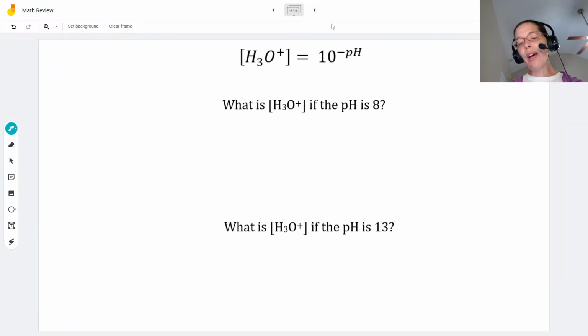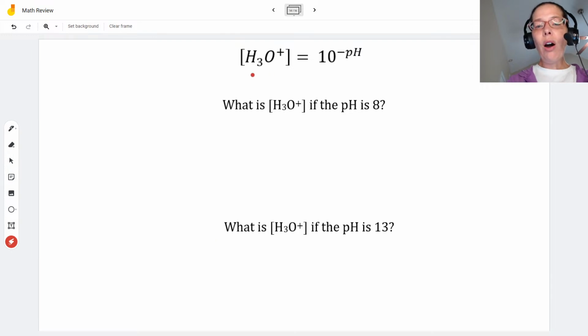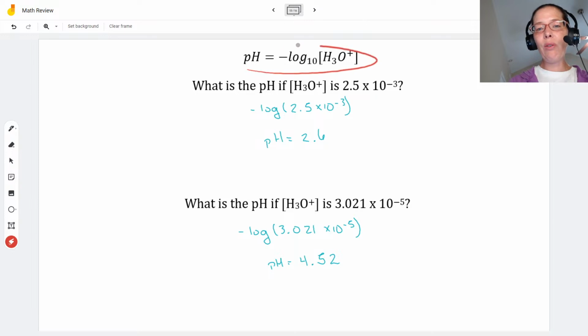Okay, so the other thing that I do want to cover is you don't always want to find the pH. Sometimes you have the pH and you want to find the concentration of hydronium ion. So what you want to do there is do an inverse log. All I've done for this equation here is take my original one, and instead of having it solved for pH, I solved it for concentration.